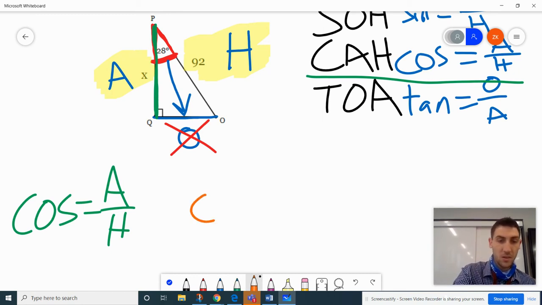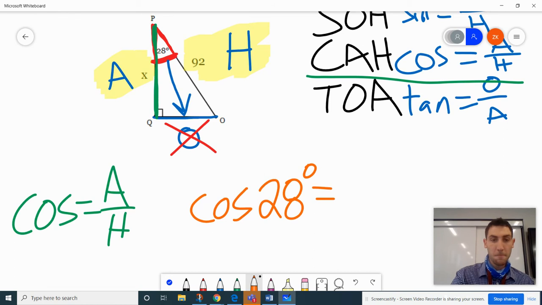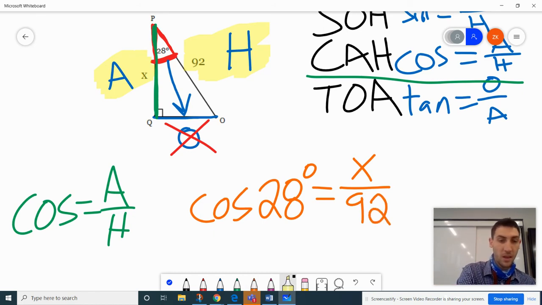So that is going to be cosine of 28 degrees is equal to the adjacent side is x and the hypotenuse is 92. It is important to make sure the order is the same, that the adjacent side is on top and that the hypotenuse is on bottom.